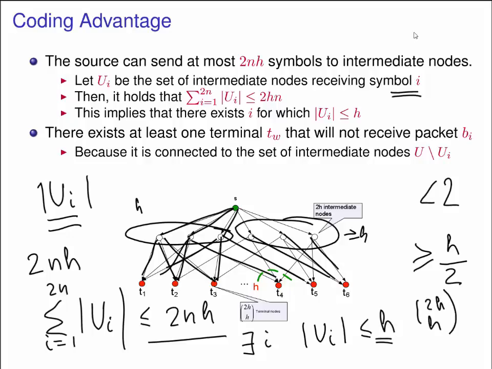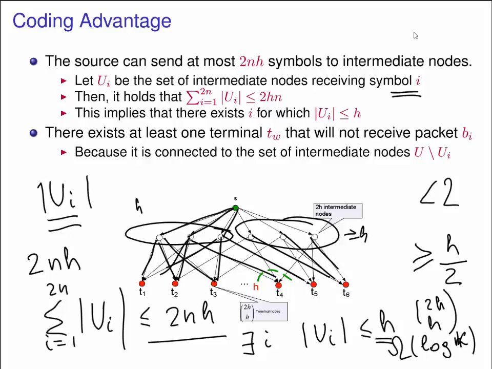Therefore, the coding advantage is big omega of log k, because h is omega of log of k, where k is the number of terminals. So we showed that for this particular network, the coding advantage is at least log k.